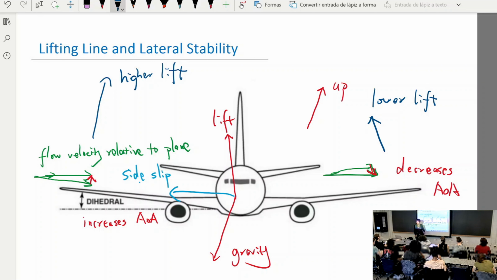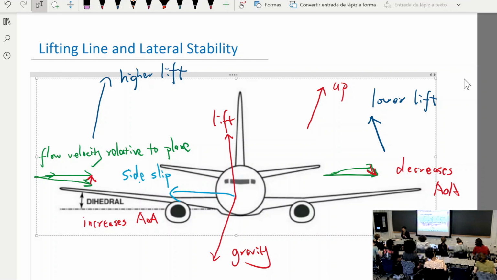So if the airplane has no sweep, as soon as the airplane starts to slide, it is equivalent as if the right wing, the starboard side of the wing, is going to have a forward sweep, and the port side wing is going to have a backward sweep. And we have already seen how sweep affects the downwash of the airplane. So things like that also have to be taken into consideration in lateral stability. Of course this is a very qualitative explanation.